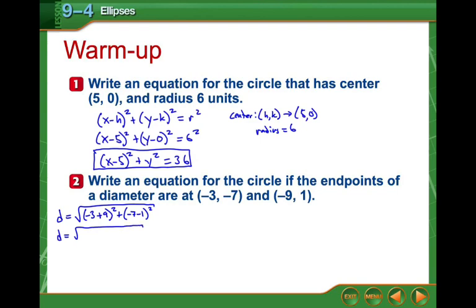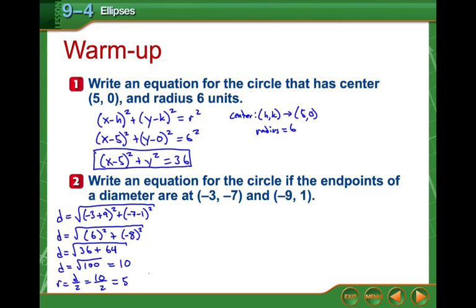So -3 plus 9 gives us a positive 6, and -7 minus 1 is -8. 6 squared is 36. -8 squared is 64. Add those up, you get 100. So our diameter is 10, which means our radius is equal to the diameter over 2, or 10 over 2, which is just 5 units.